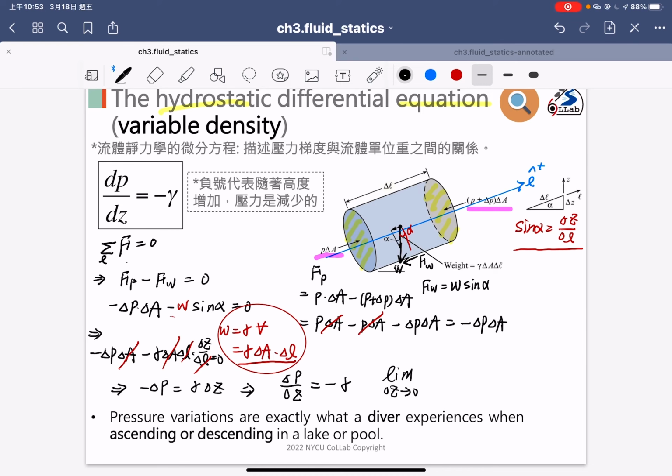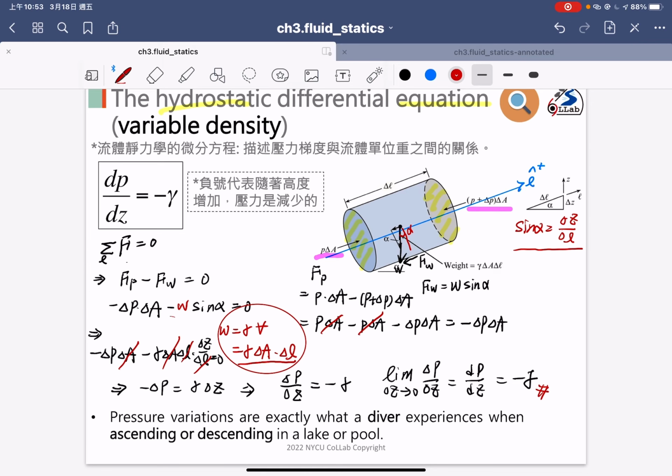That means the elevation changes between the cylinders are small. So we can rewrite it as dP/dZ equal to minus gamma. Okay, so we proved this, which is very important. This is the hydrostatic differential equation.